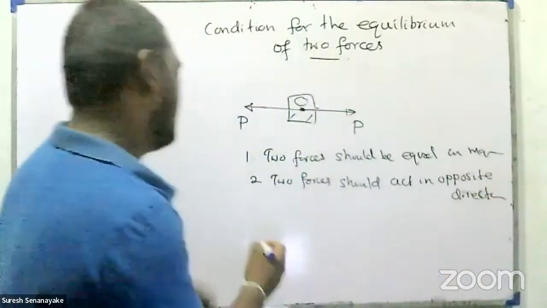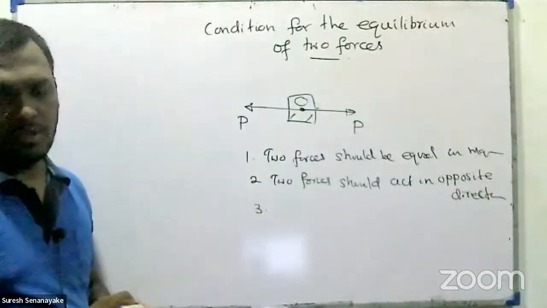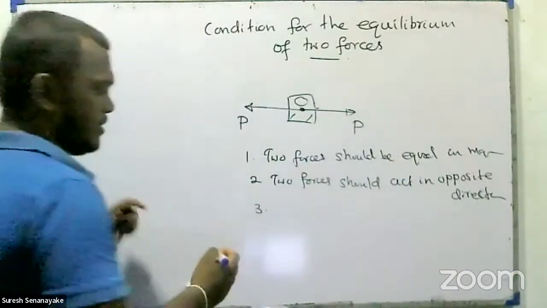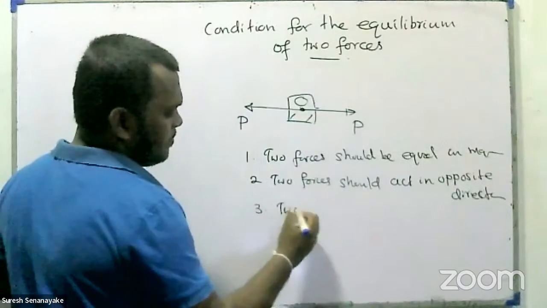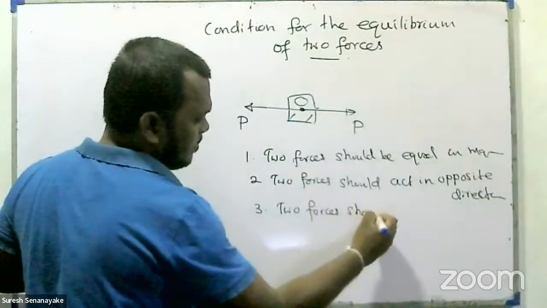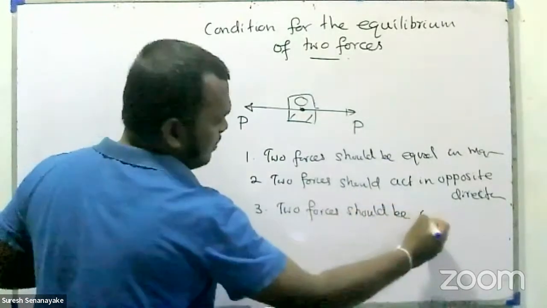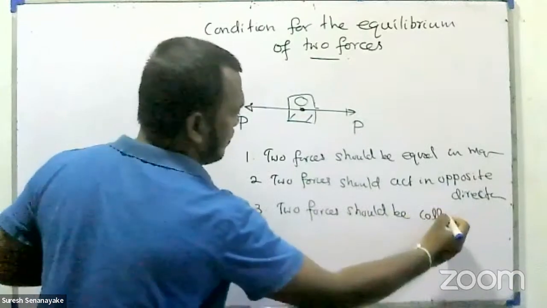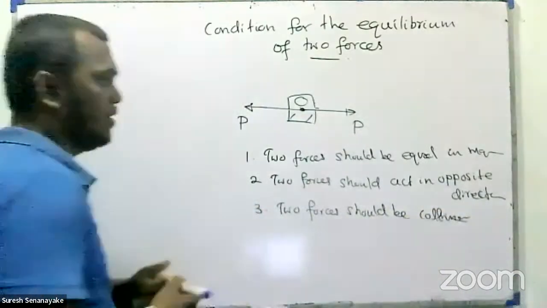And the last one: the two forces should be collinear, so it's the same line of action. Then you can draw this diagram.